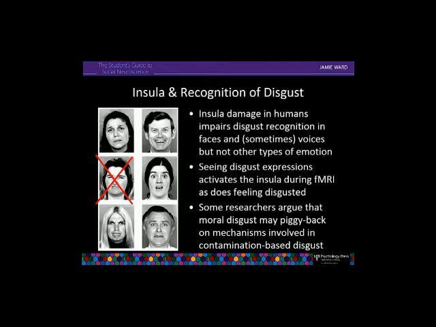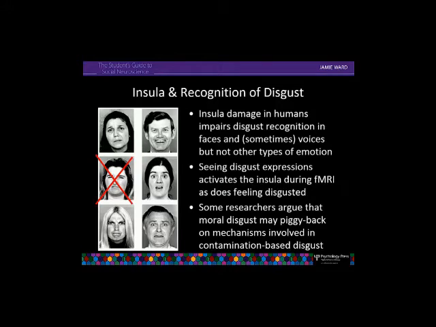Some of the evidence here is that facial expressions of disgust seem to be more impaired when you damage the insula. One of the interesting things about the insula is that it also contains the cortex for the gustatory area of the brain involved in taste perception.